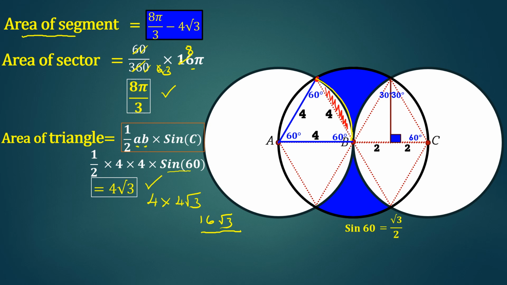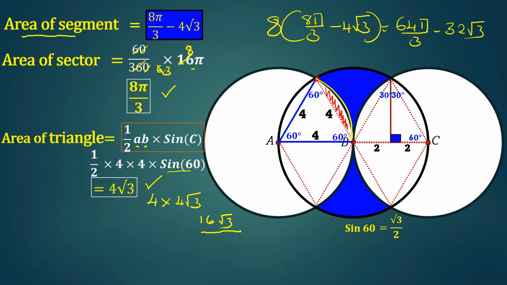We do have, though, 8 segments. So the area of all 8 segments is simply 8 times 8 pi over 3 minus 4 square root of 3. So this will simplify to 64 pi over 3 minus 32 square root of 3.